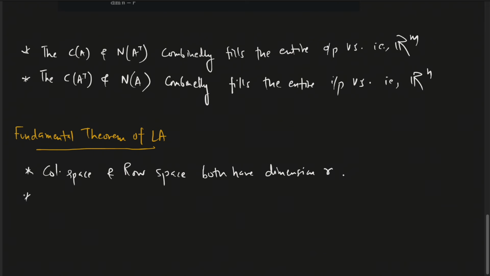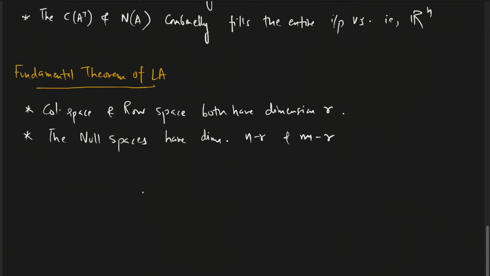The second thing it says is about the null spaces, by which I mean both the normal null space and the left null space. The null spaces have dimension n minus r and m minus r.